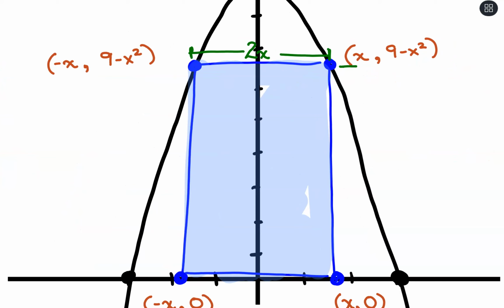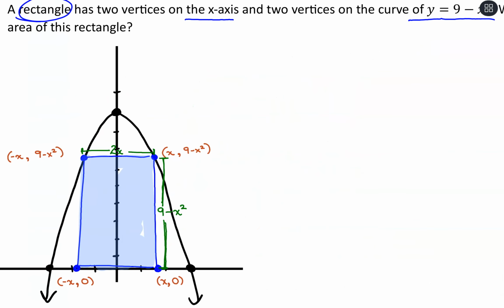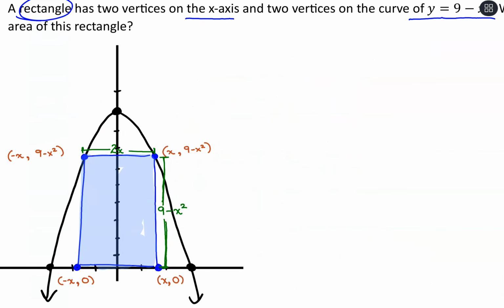And in terms of the height of the rectangle, the height is coming from the output of our function, which is 9 minus x squared. So if I want to represent the area of this rectangle as a function of x, one side length is going to be 2x, the other side length is going to be 9 minus x squared.